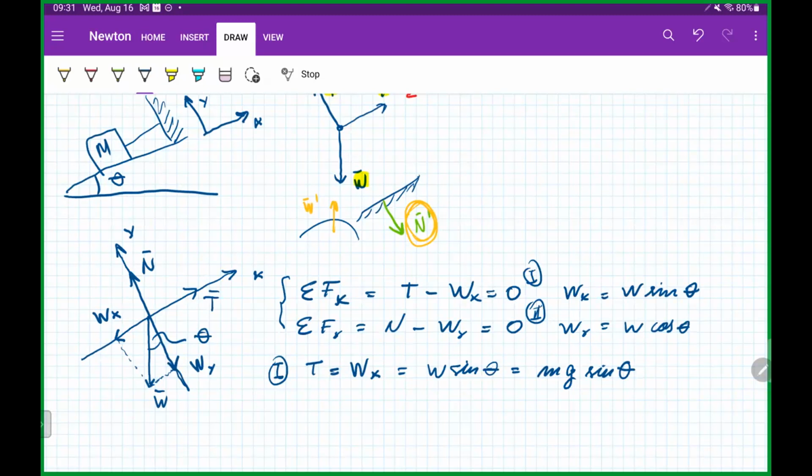You need to establish that system of reference. If not, you wouldn't be able to balance the component of the weight in the y-axis with the normal, and the component of the weight on the x-axis with the tension. You need to do that in order to know how the block is maintaining this equilibrium state. I don't know if that's answering your question, Nathan.